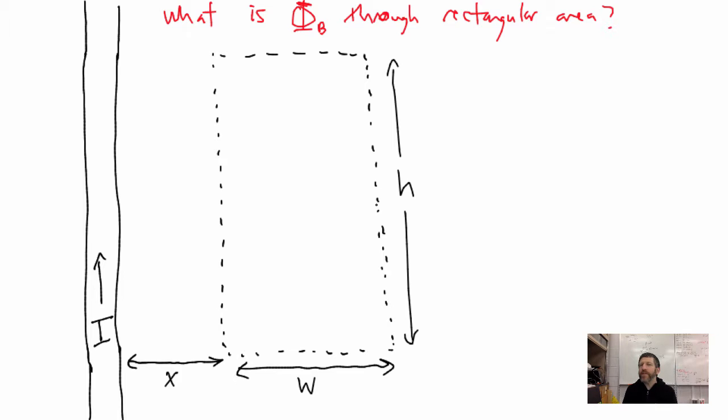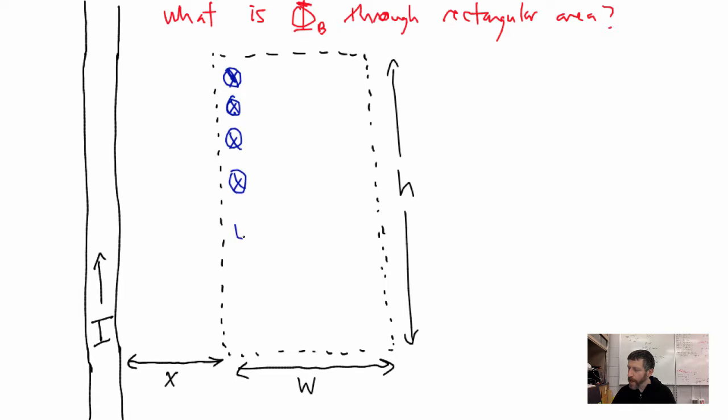The one thing you have to consider, though, is that as you get farther away from this wire, the magnetic field gets weaker. So I'm going to indicate that on here like so. The magnetic field close to the wire, going into the page here, is going to be very strong.